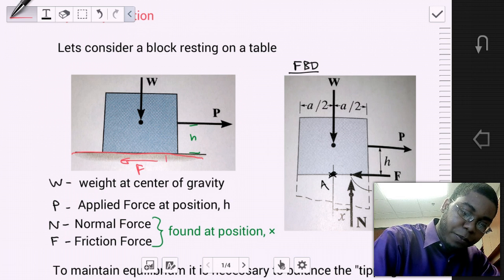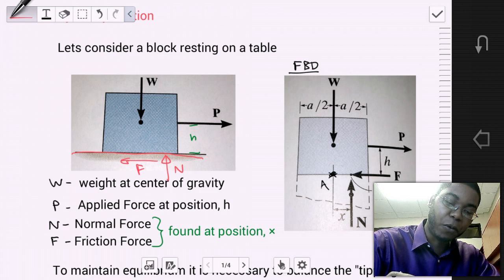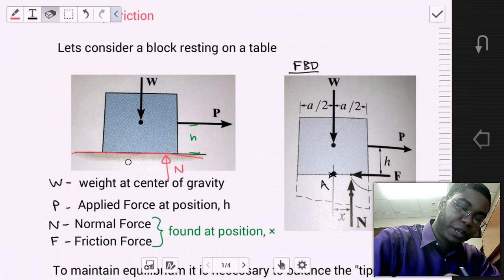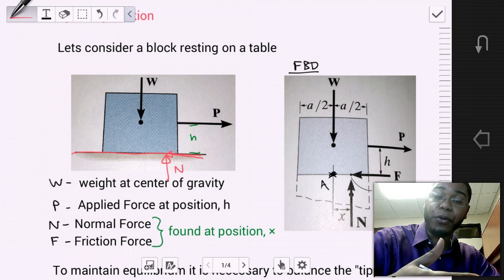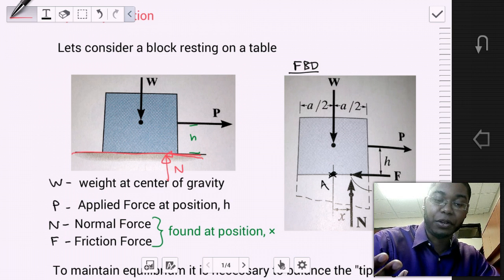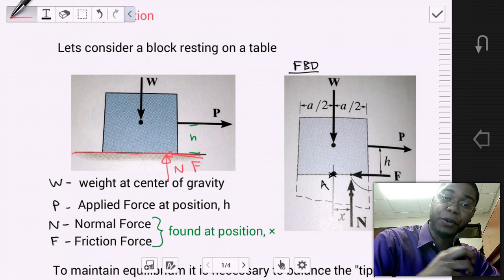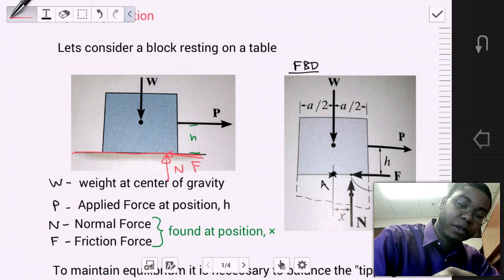We also know that there must be a normal force, N, that prevents the weight from going through the table. The normal force is a support reaction, and the frictional force F arises to prevent a translation in the x direction.